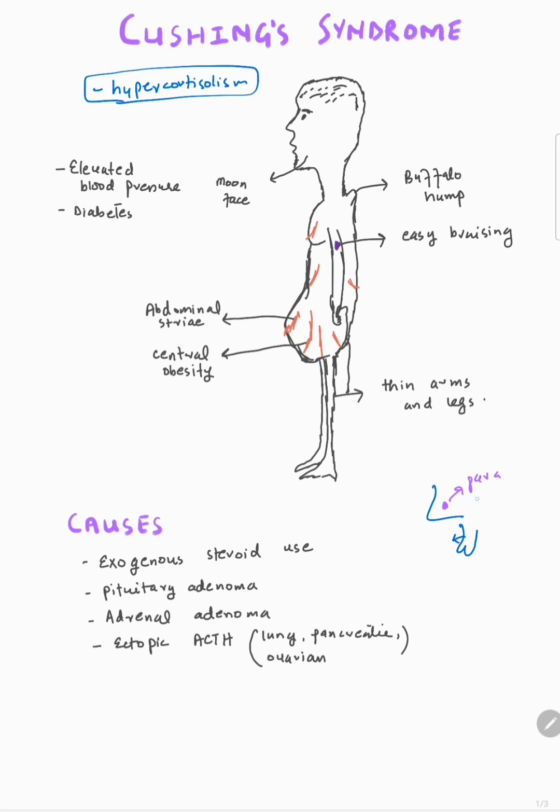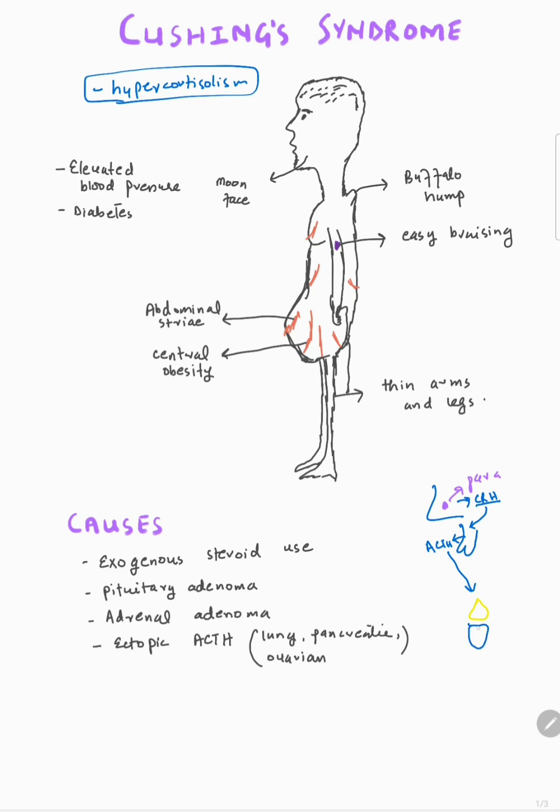From the paraventricular nucleus, CRH, corticotrophin releasing hormone, is released and acts on the anterior pituitary, and then the anterior pituitary produces ACTH. This ACTH will then come here and act on the adrenals. These are the adrenals, on top of each kidney.